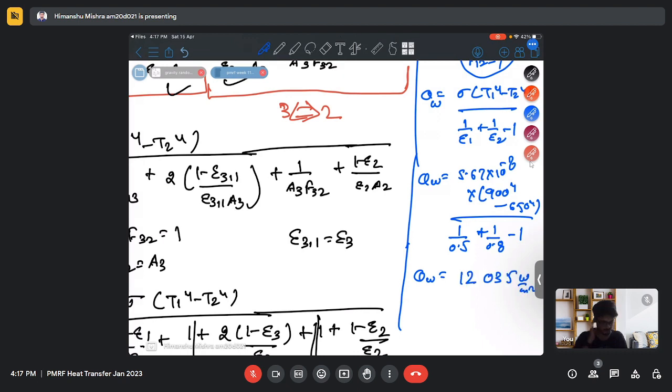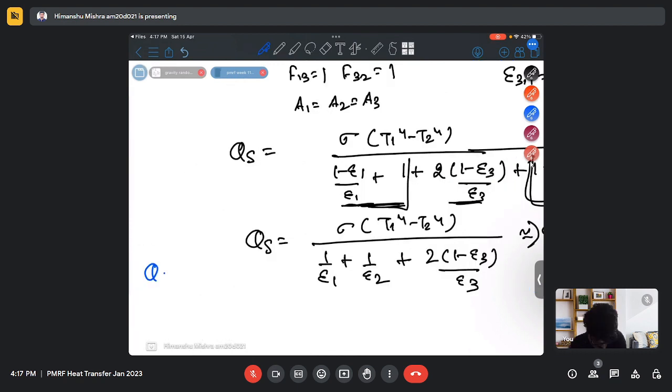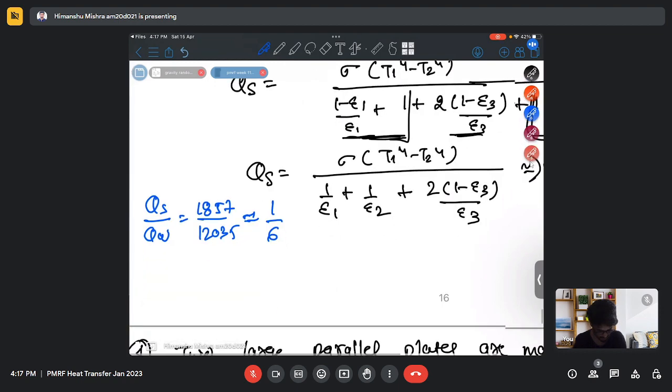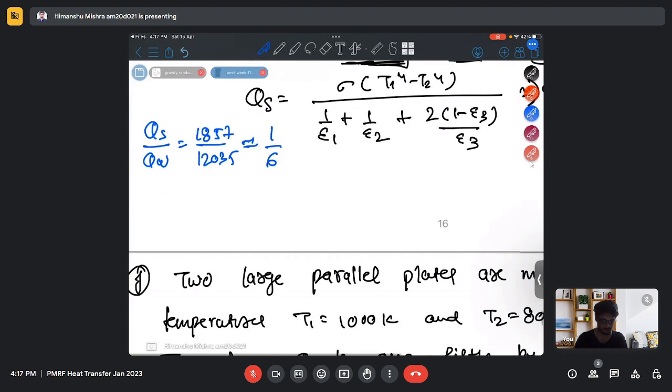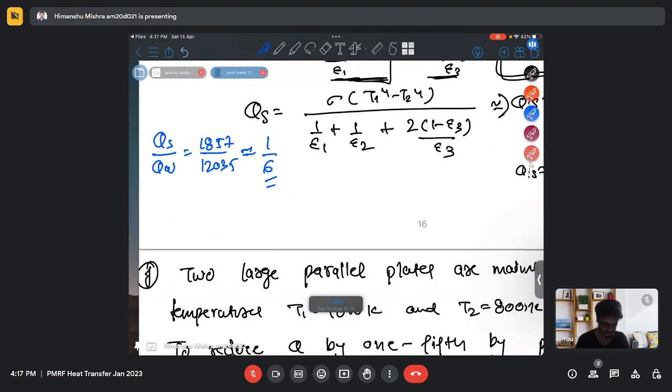So when I take the average with shield and without shield, sorry, not average, the ratio is roughly around 1 by 6. This is my ratio between the heat transfer with shield and without shield.